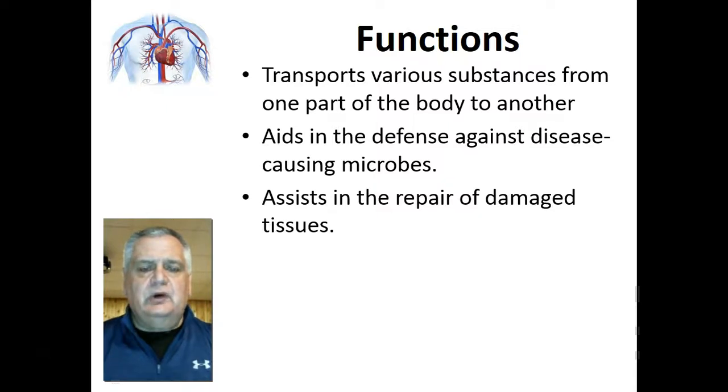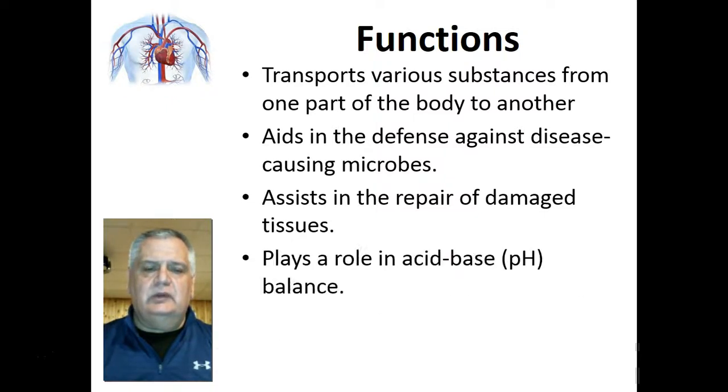The blood also, or the cardiovascular system, helps to assist in the repair of damaged tissues. This, again, is another function of the white blood cells, and we'll be talking about that whenever we get into the blood. The cardiovascular system also plays a role in acid-base balance or pH balance.